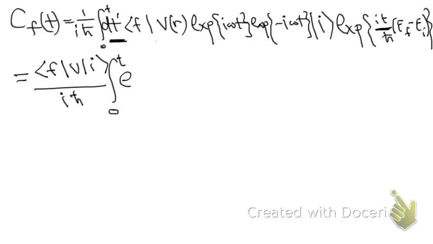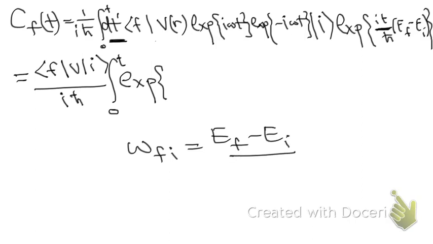And what I'll do here is combine these exponentials. So first, also remember, my omega fi was simply ef minus ei over h bar.